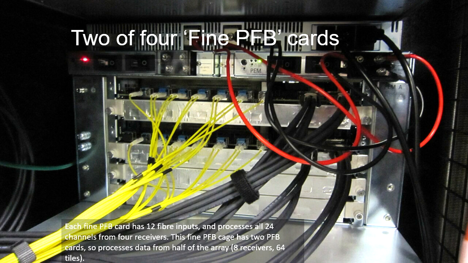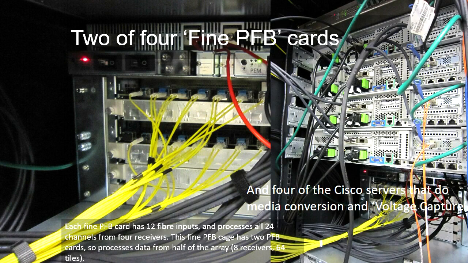So the data goes in, and it comes out of these sort of multi-direct attached copper connectors here. So 4 cables coming out go to our media converters, which are high-end Cisco servers. These high-end Cisco servers have a custom Xilinx card in here to receive the data.